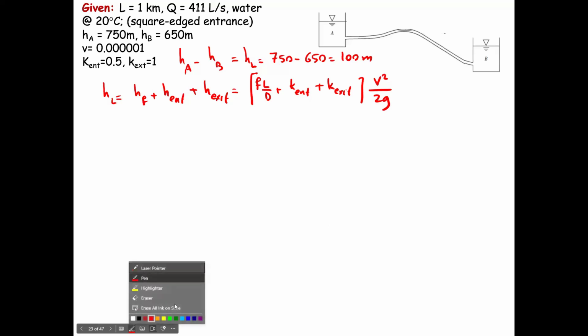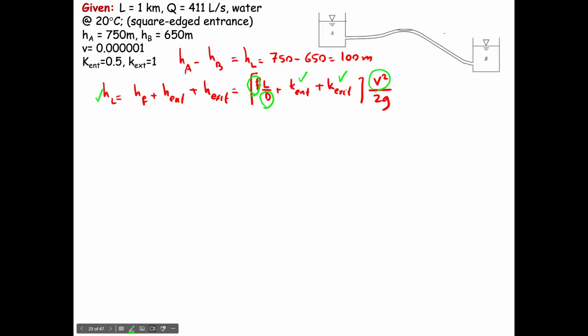Why? If you look, I have this guy. I don't have it, don't have it, don't have it. And when I say I don't have it, it means that I cannot even calculate them because F is related to Reynolds and this guy, which D is here, D is here.